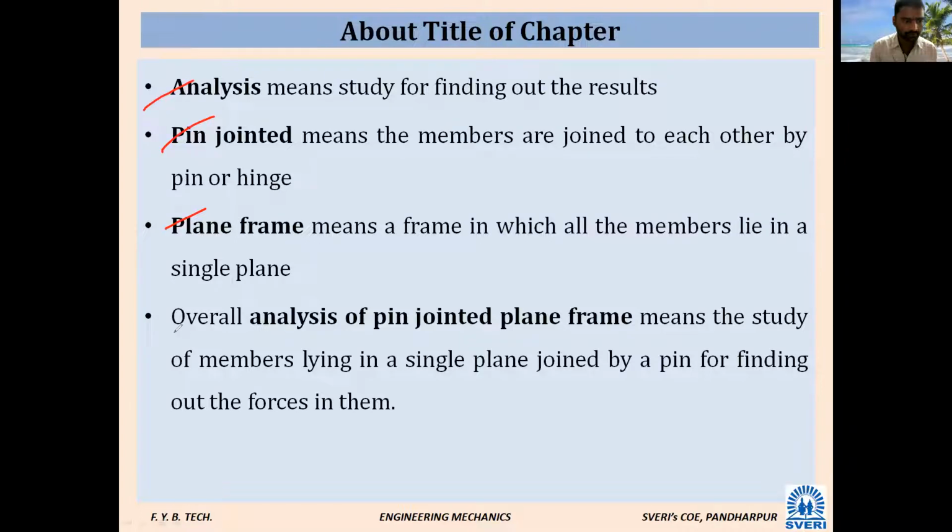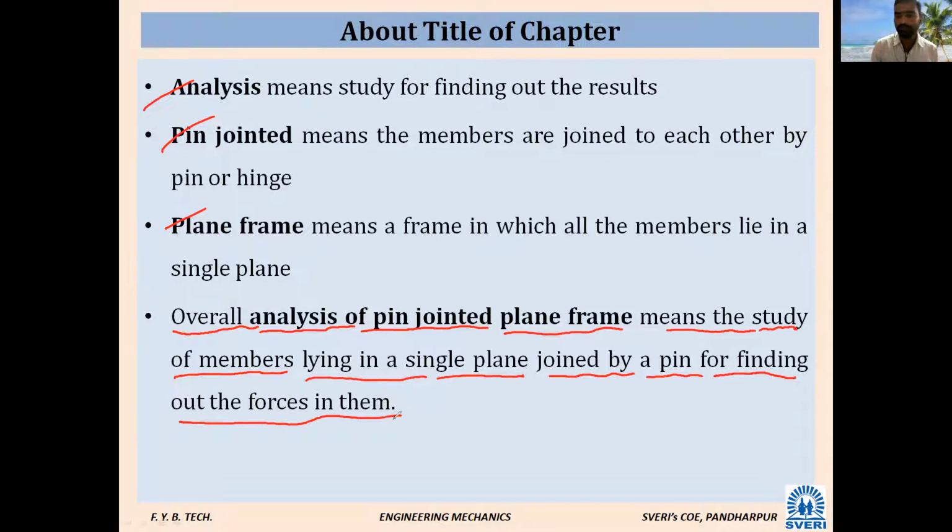It is the study of members lying in a single plane joined by a pin for finding out the forces in them.